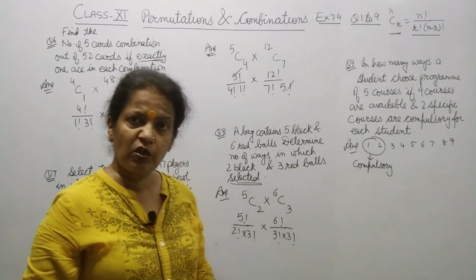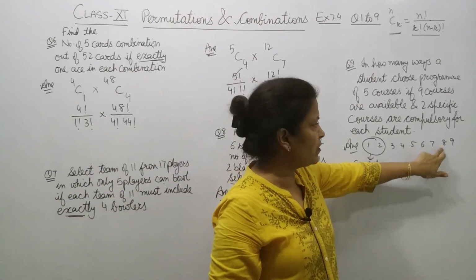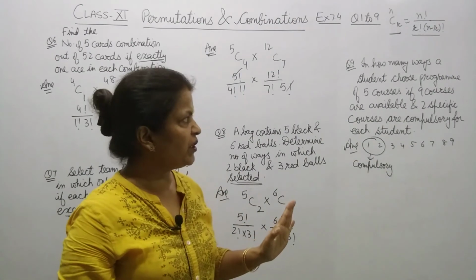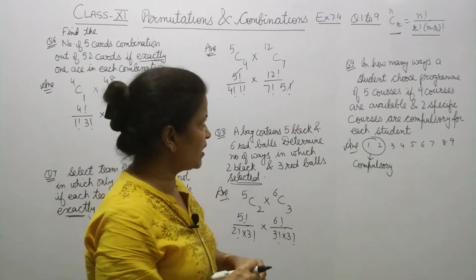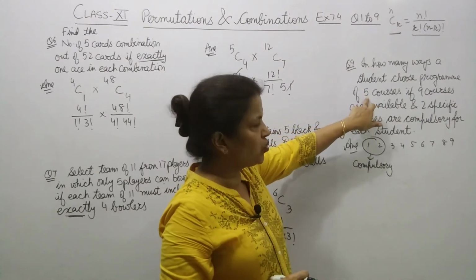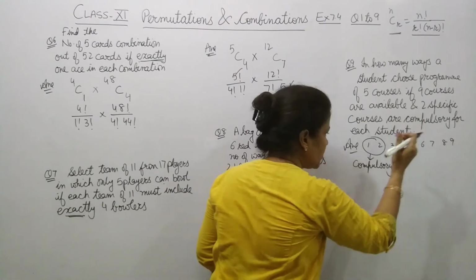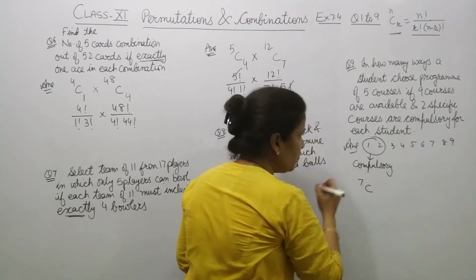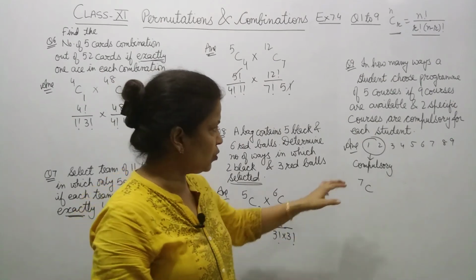Now, how many total courses are left now? 1, 2, 3, 4, 5, 6, 7. 7 courses are left. So these 2 courses are compulsory and a student has to choose 5 courses. So you have 7 total options left. Out of 7, how many more does the student have to choose?